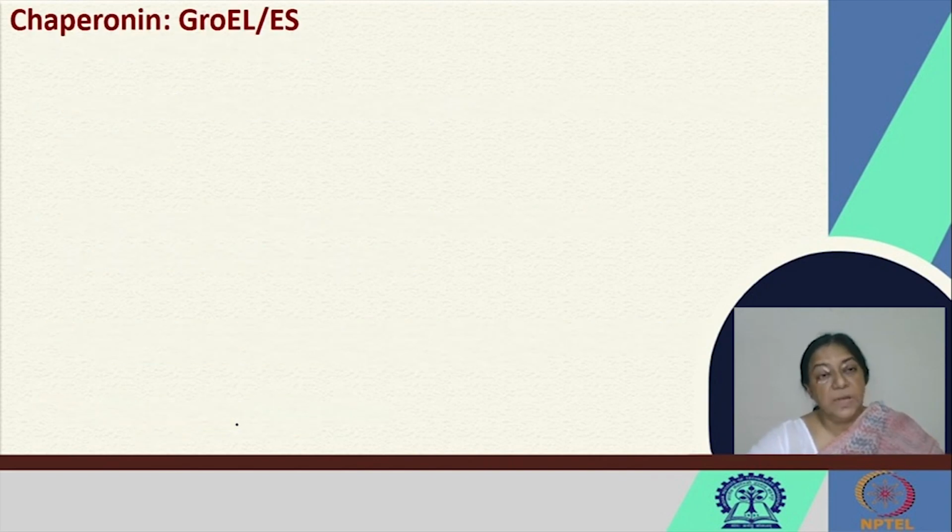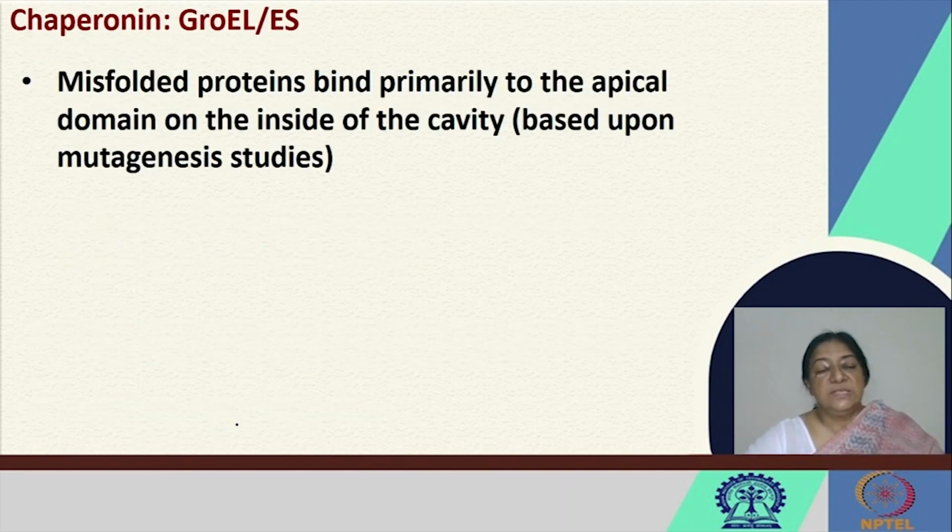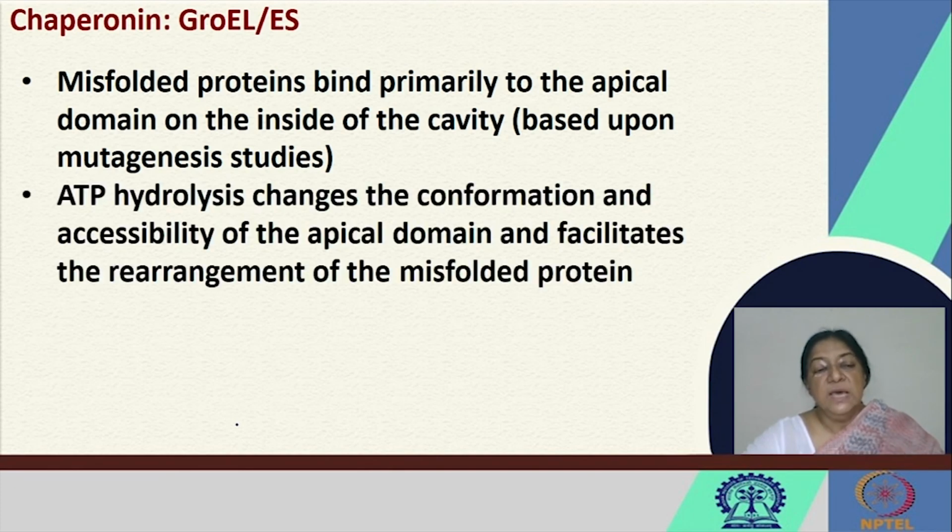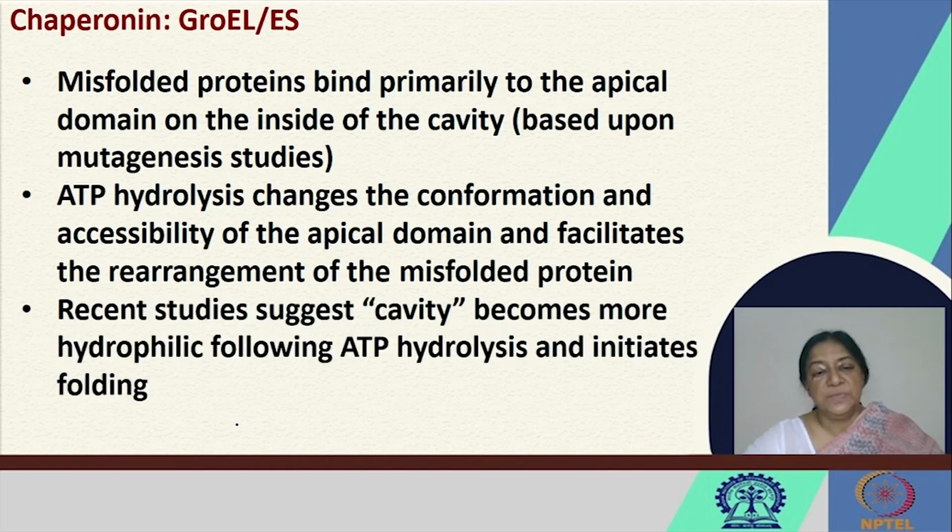then this facilitates the GroES binding. So in the GroEL-GroES complex, the misfolded proteins bind primarily to the apical domain on the inside of the cavity. This has been obtained from mutagenesis studies and understanding of the way the GroEL-GroES complex works. The ATP hydrolysis then changes the conformation as well as the accessibility of the apical domain and facilitates the rearrangement of the misfolded protein.